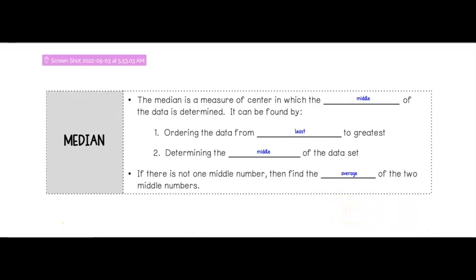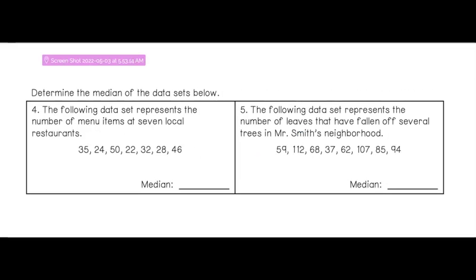All right, so let's take a look at a couple of these. Determine the median of the data sets below. The following data set represents the number of menu items at 7 local restaurants. All right, so what we're going to do is order these from least to greatest.